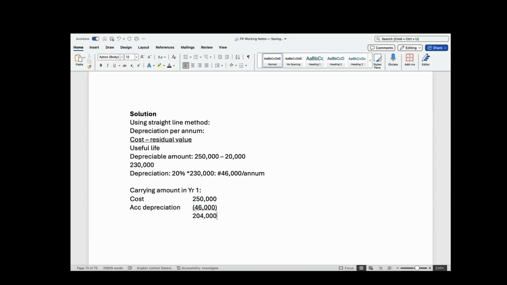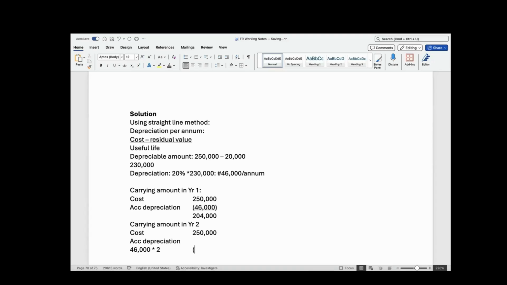Then in year two, I can easily determine my carrying amount again, which is the cost, 250,000, minus accumulated depreciation, which is now 46,000 per annum times 2.